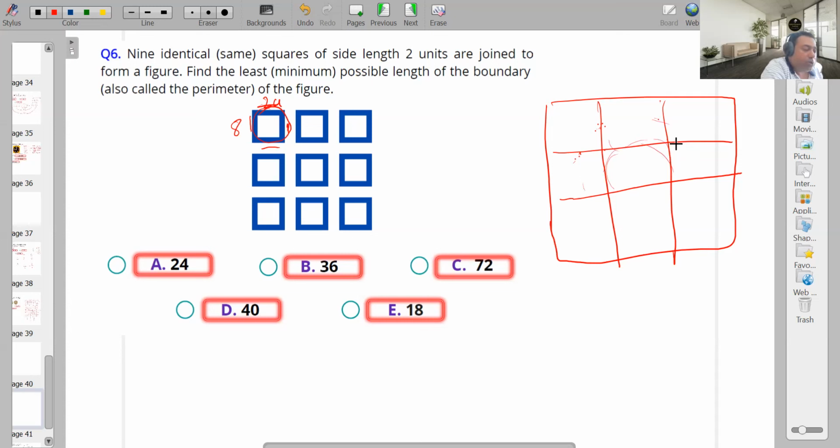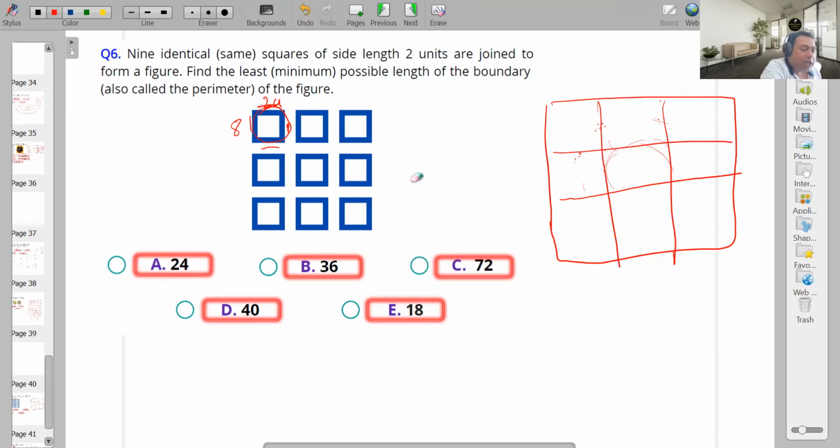Here the length will be much lesser, and this is why, for a particular perimeter of a rectangle, the largest area is that of a square. Given a smaller perimeter, you can still have the same area.